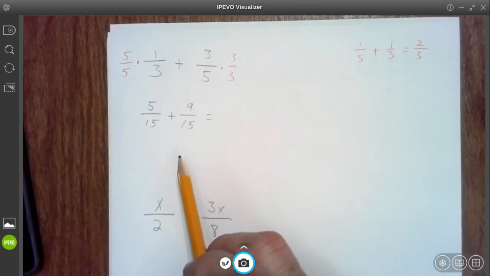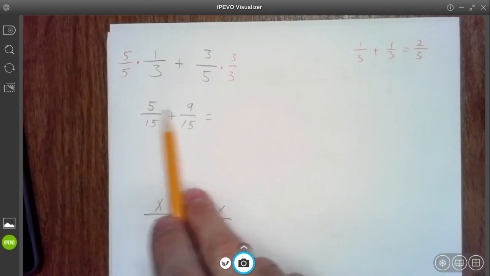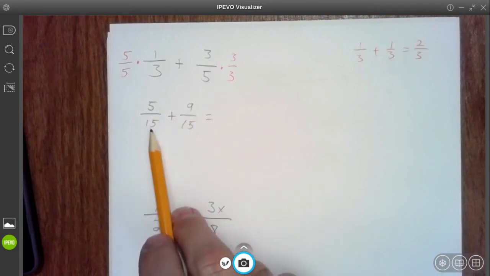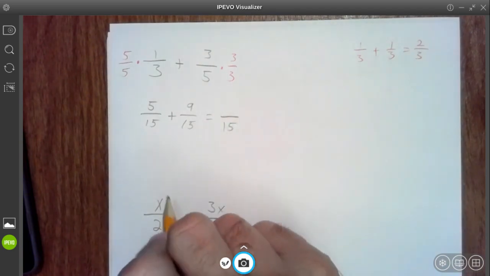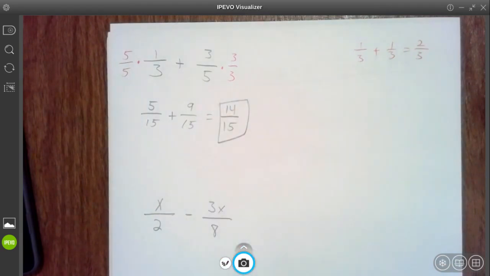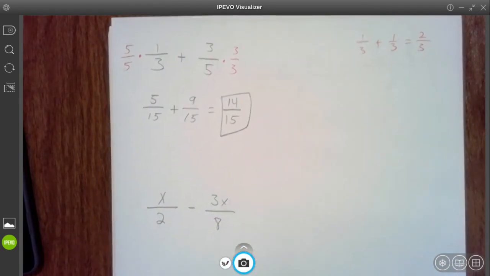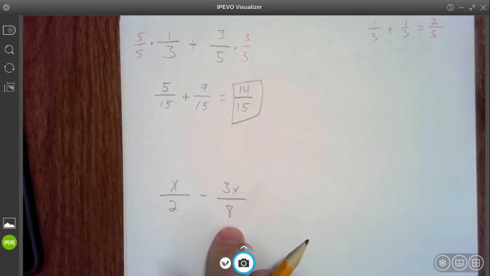All right, now that they have the same denominators, you can add straight across. Just add the numerators up and keep the denominators the same. So it's still going to be a 15 for the denominator. 5 plus 9 is 14. And that's our answer.